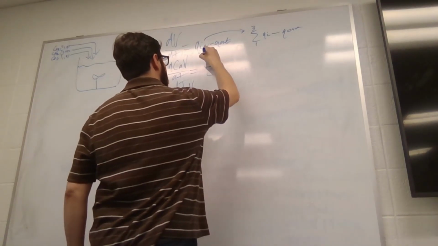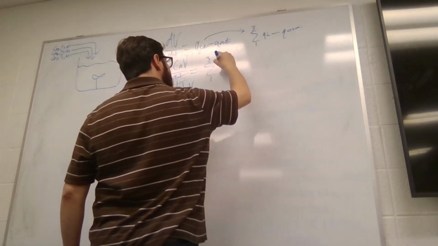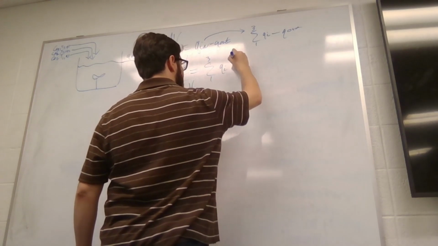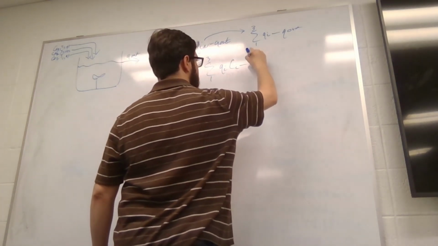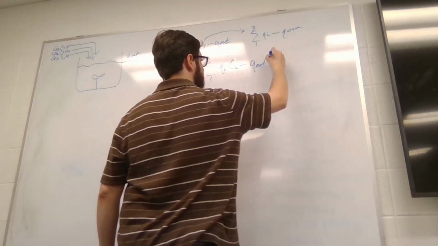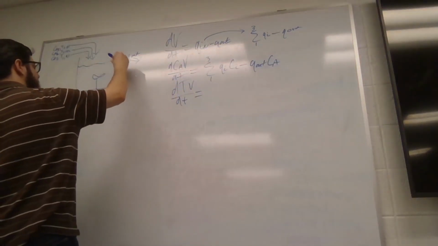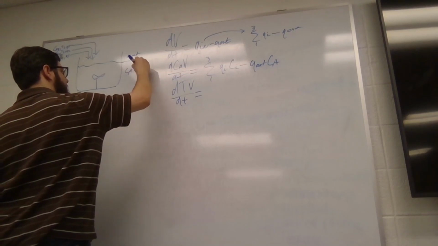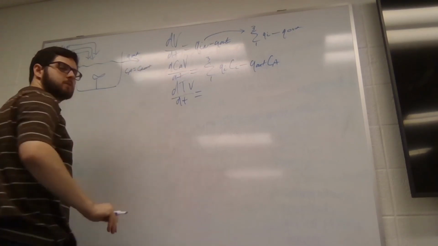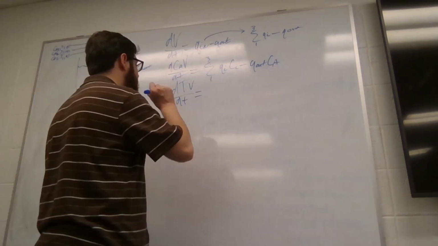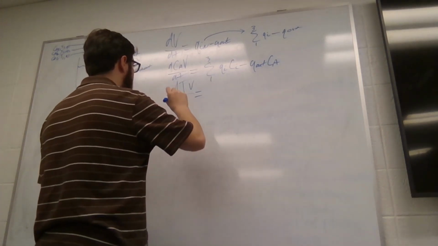It's going to be a sum from 1 to 3 of Q times C, minus Q out times the concentration of the tank. Since it's well mixed, this concentration Ca equals Ca out. This temperature term is actually wrong.